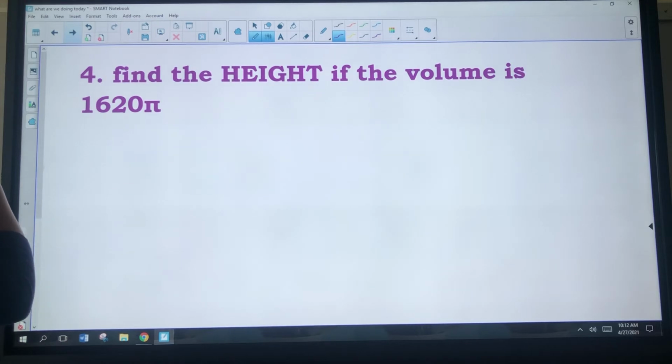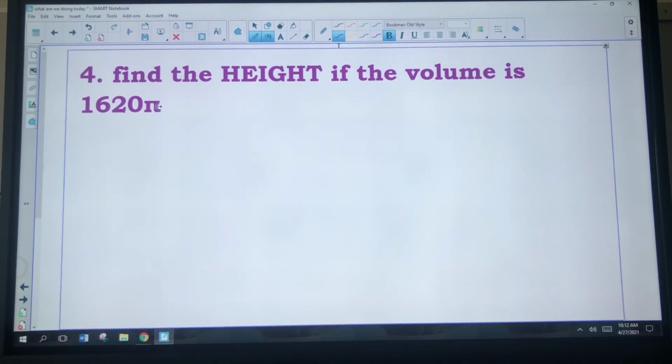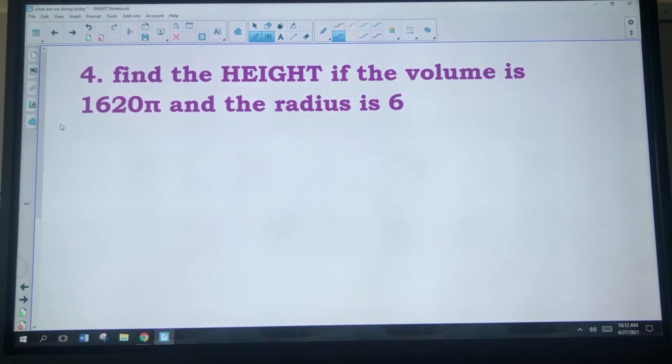Find the height if the volume is this. Again, I forgot the radius. I'm using 6 again.